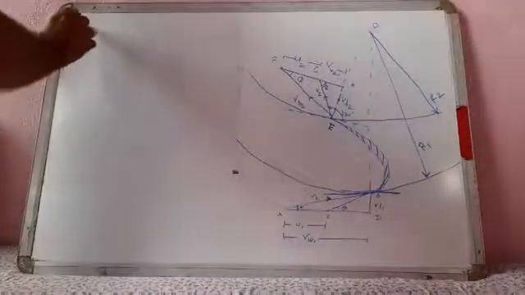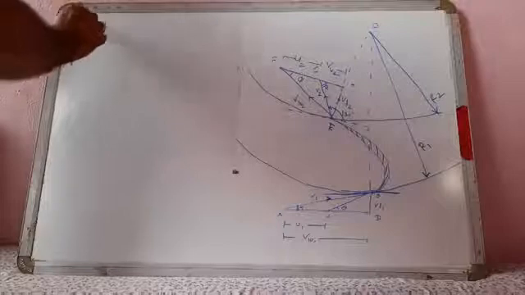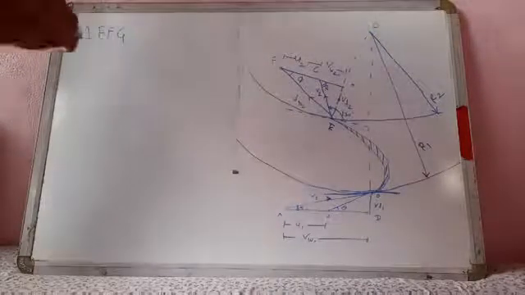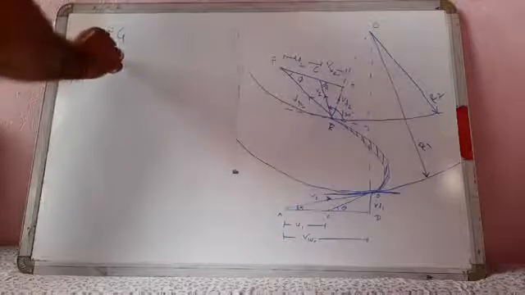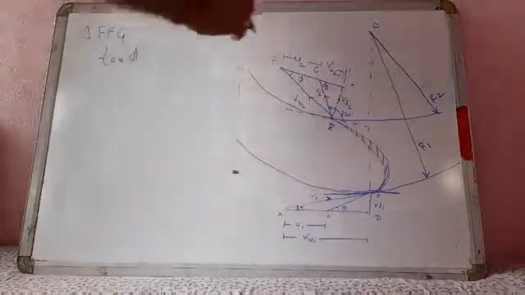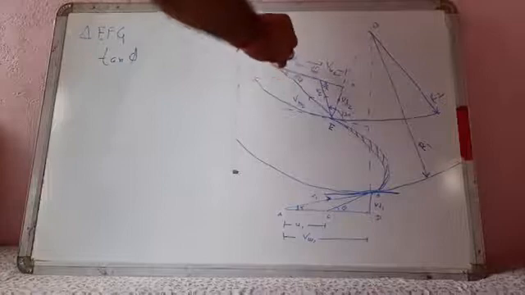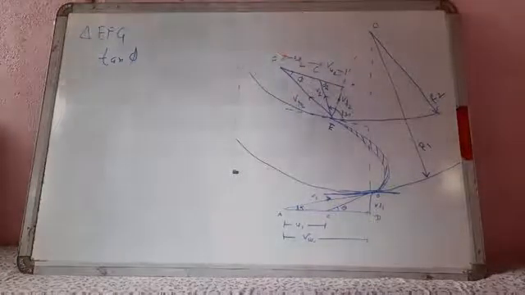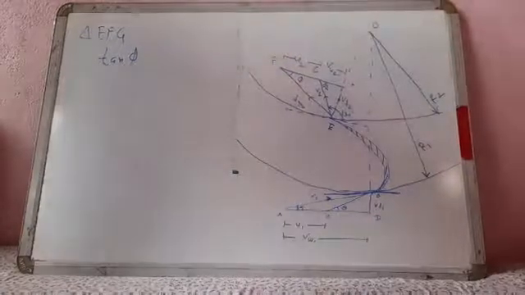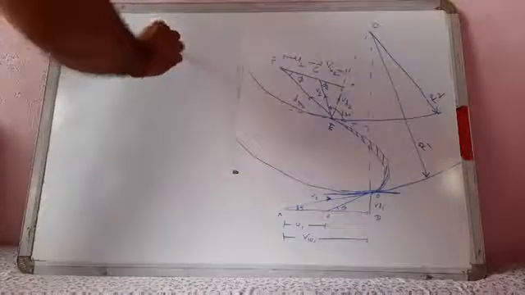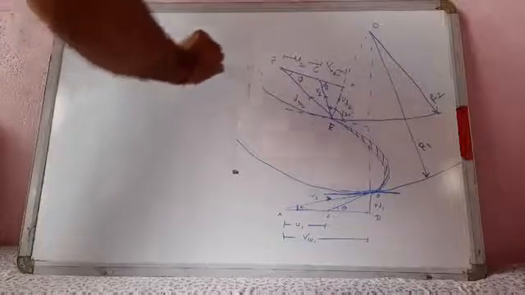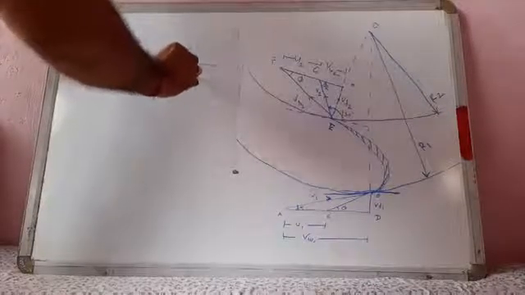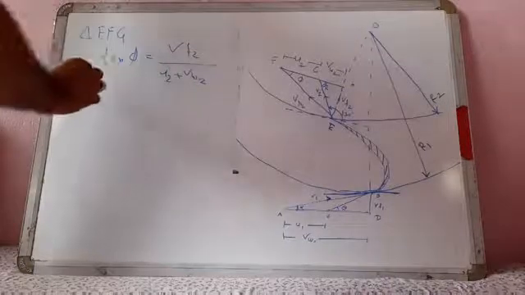Now in triangle EFG, tan phi is equal to VF2 by U2 plus VW2.